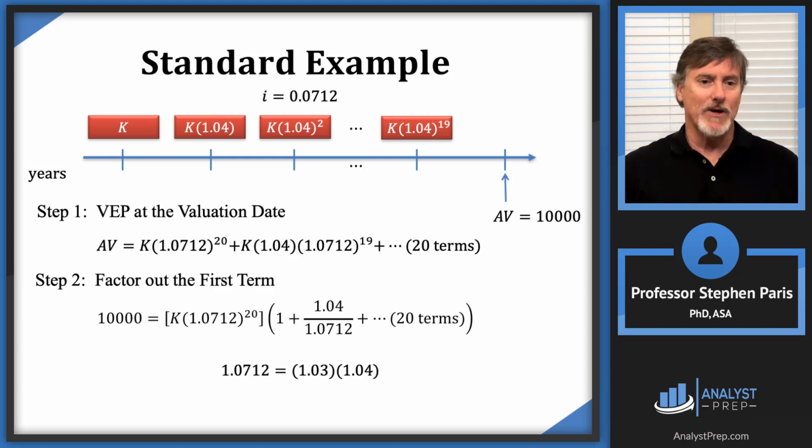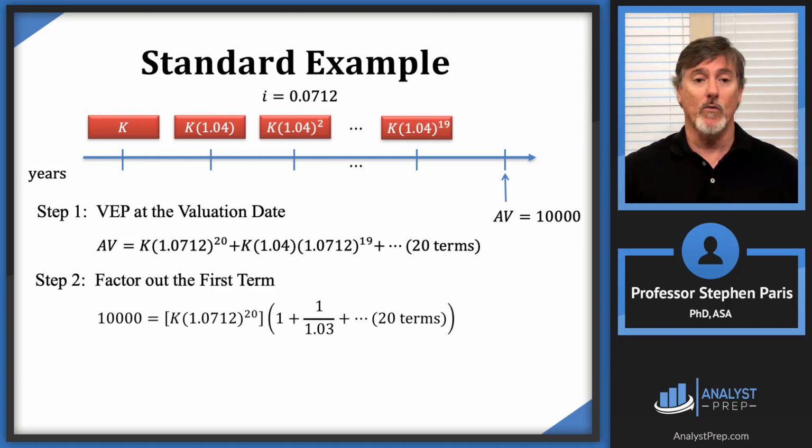The accumulation factor of 1.0712 is 1.03 times 1.04. So when I substitute that back in for the 1.0712, the 1.04s cancel, and I'm left with just 1 over 1.03. Again, when you see an interest rate like 7.12%, it's there for a reason, because some sort of cancellation like this is likely to happen.